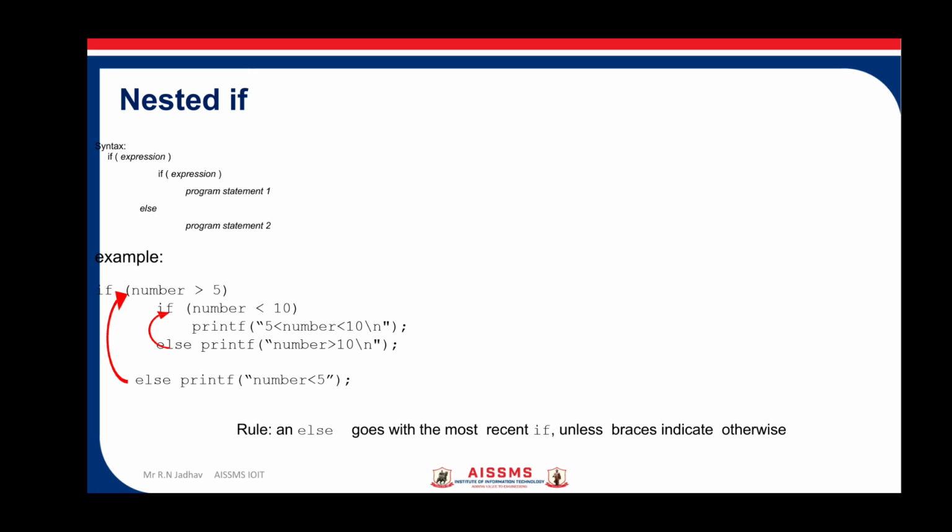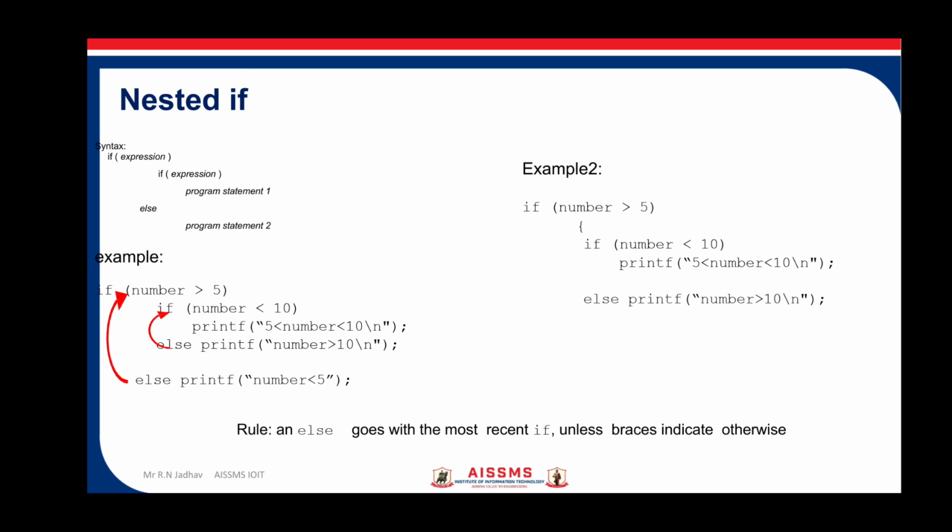So what does it mean? Let us take the same example where we have if number is greater than 5, then we have another nested if number less than 10, then we are printing one statement and we have the else. If we consider only this part of code, the else belongs to the most recent if, that is if number less than 10.